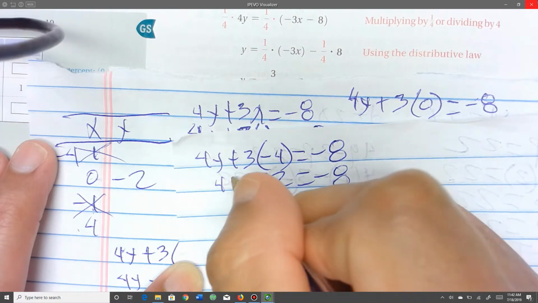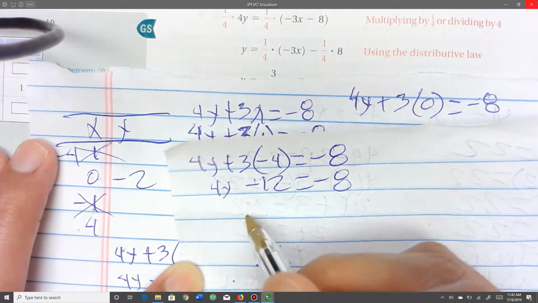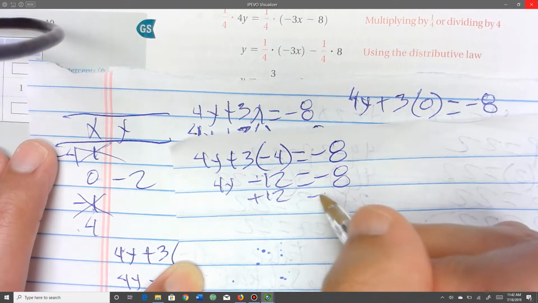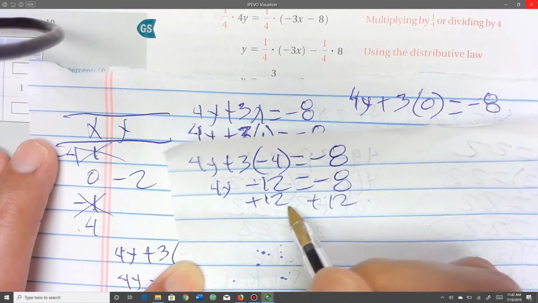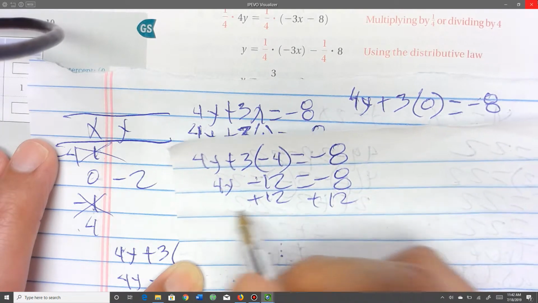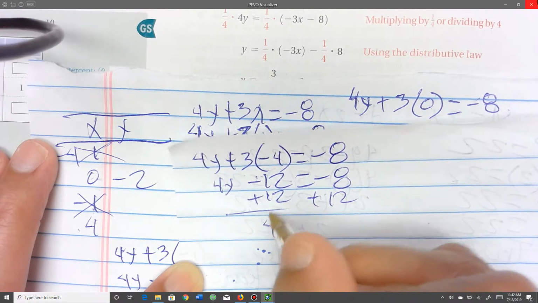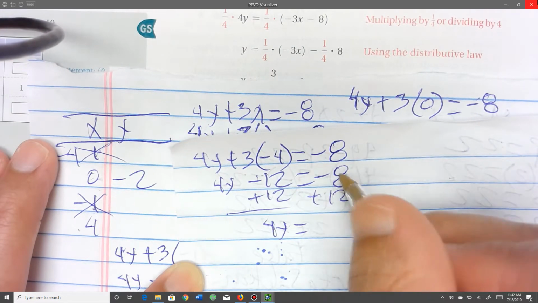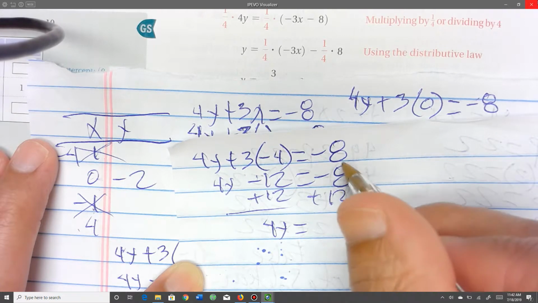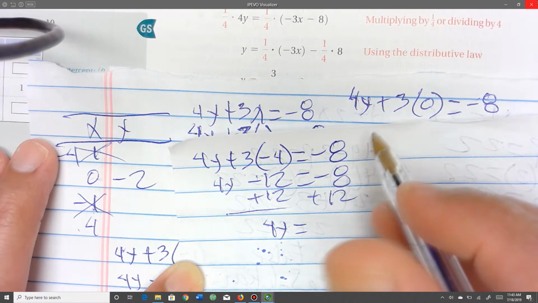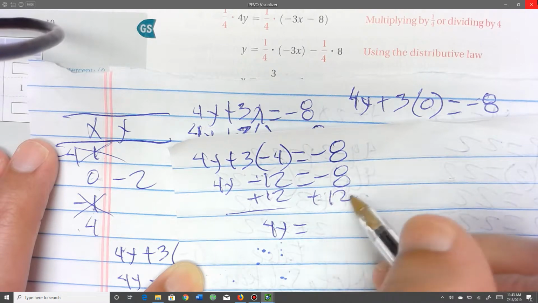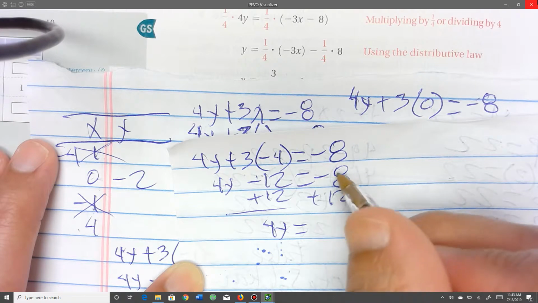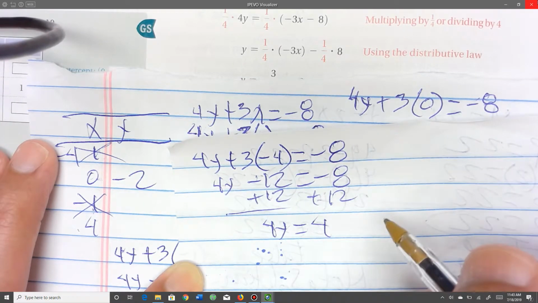Rewrite everything else. Use the addition principle to move that 12 over to the other side, and that's gonna add up to 0. Rewrite everything else. This is 12 minus 8. The largest of these two values is positive, so the answer is going to be positive. 12 minus 8 is 4, so positive 4.